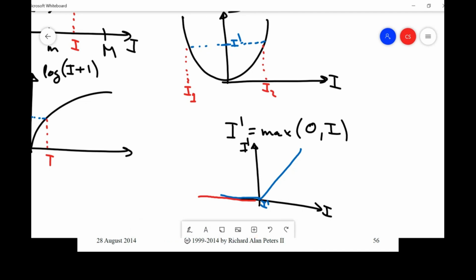Actually this transformation is a very famous one. It's called ReLU. And this comes from rectifier lookup table. And it resembles a bit the response of which device? What is an electronic device that has that response?